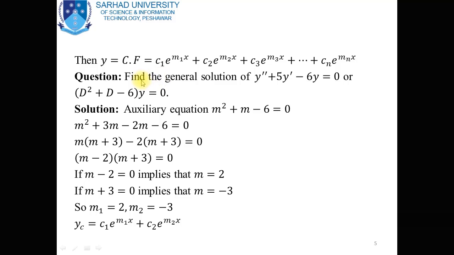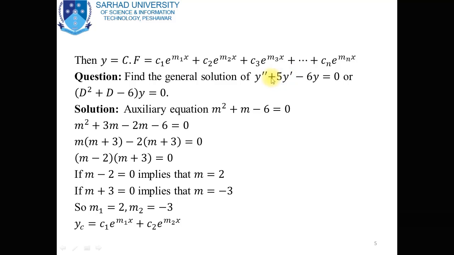Now for example, find the general solution of the homogeneous linear differential equation of order 2: y double dash, meaning d square y with respect to x, plus y dash minus 6y is equal to 0.